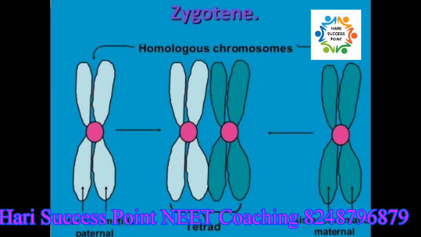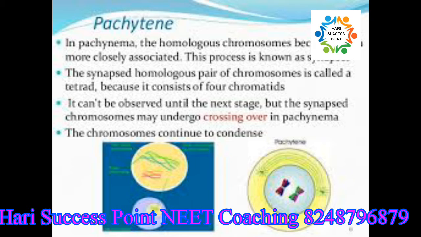The next stage is pachytene. During this stage, bivalent chromosomes remain together by the synaptonemal complex. This stage is characterized by the appearance of recombination nodule, the sites at which crossing over occurs between non-sister chromatids of the homologous chromosomes. 2 genetically important events occur during pachytene stage, namely crossing over and genetic recombination between non-sister chromatids.